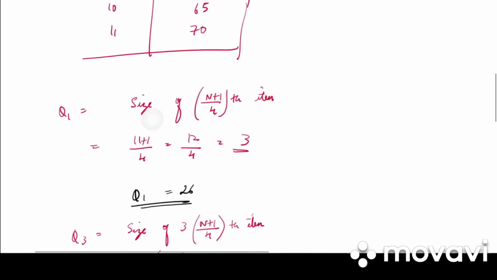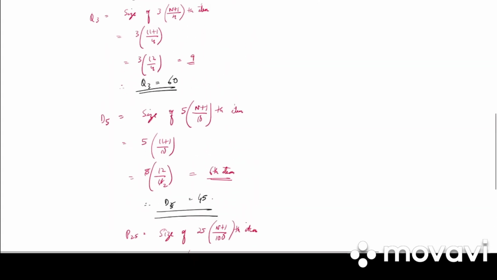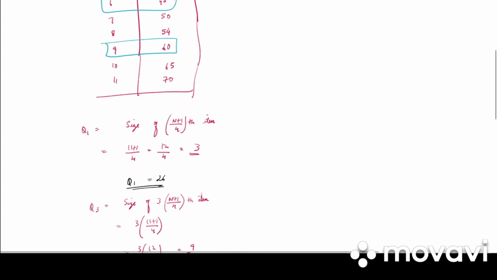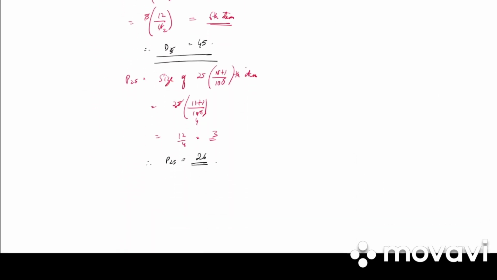It is 26. So P25 is equal to 26. Clear? This is how you need to work out the problem in case of individual series. So last you can write down, therefore Q1 is equal to 26, Q3 is equal to 60, D5 is equal to 45, P25 is equal to 26.